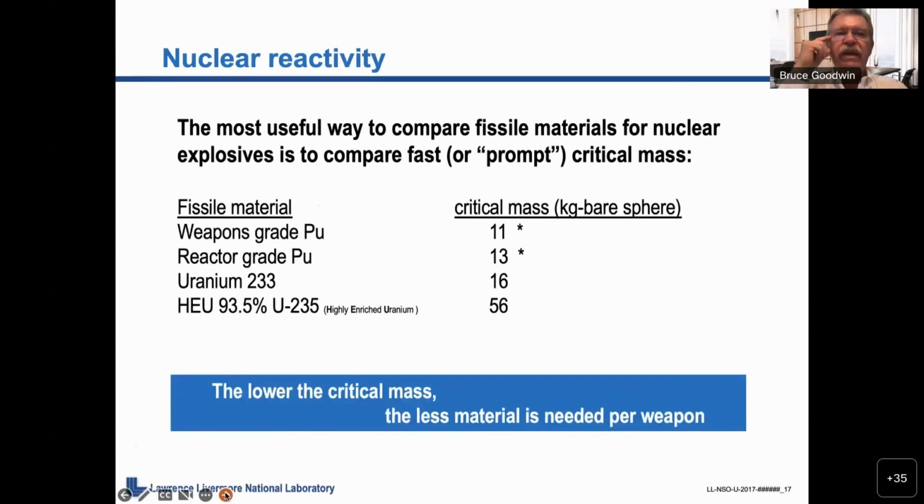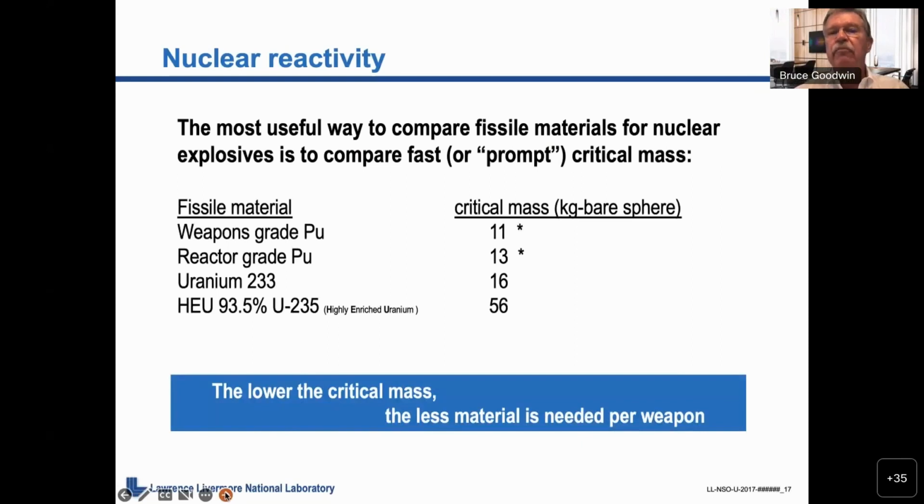Okay, so reactivity here. The easiest way to compare fissile materials for a nuclear explosive is to compare the fast neutron or prompt critical mass. And you see here, weapons grade plutonium, the prompt critical mass, the criticality to fast neutrons, is 11 kilograms in a bare sphere. Reactor grade is 13 kilograms, barely different.